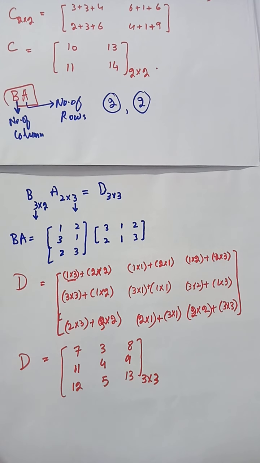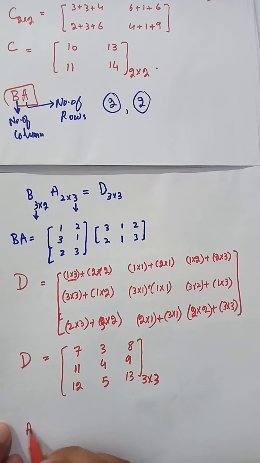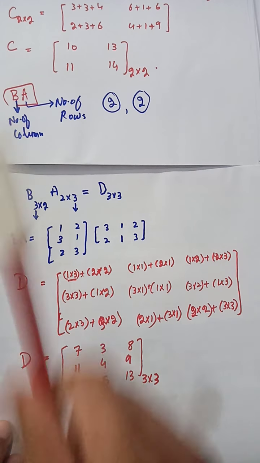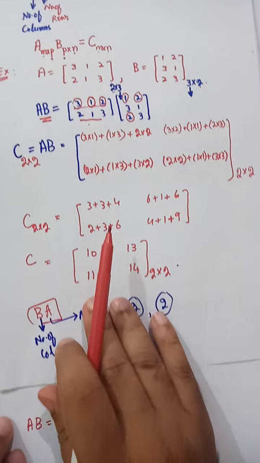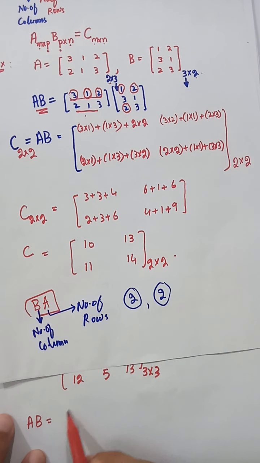So this is the way to multiply two matrices. But remember, from here we get a very beautiful point. You see that when I multiply A with B, I get this matrix 10, 13, 11, 14.